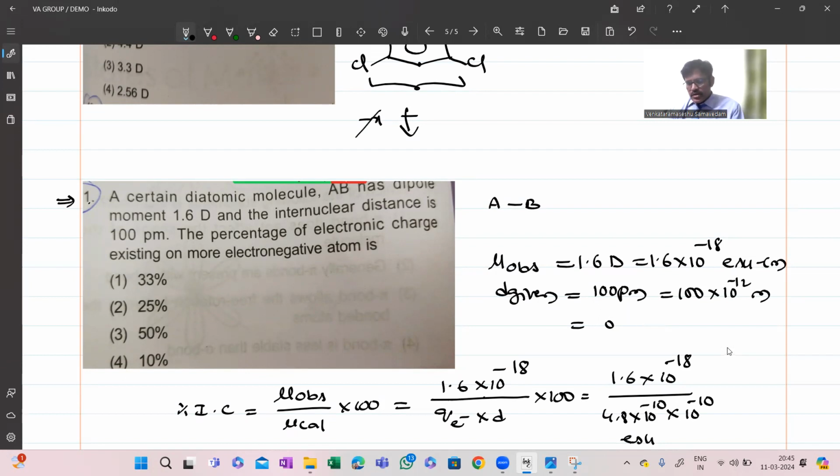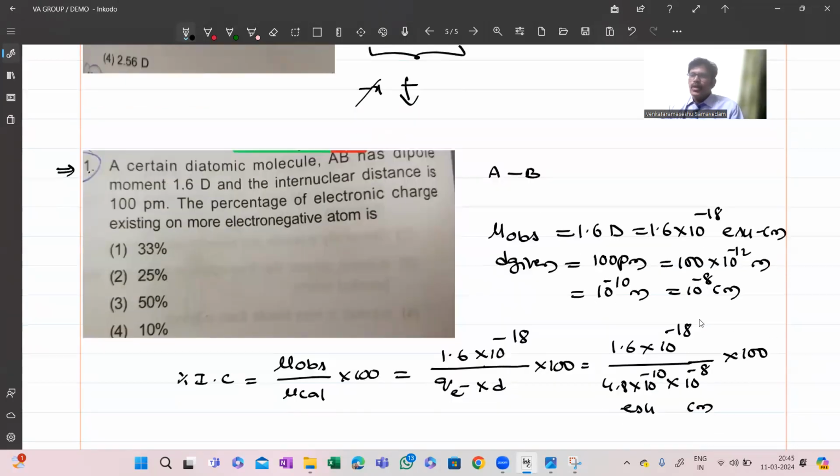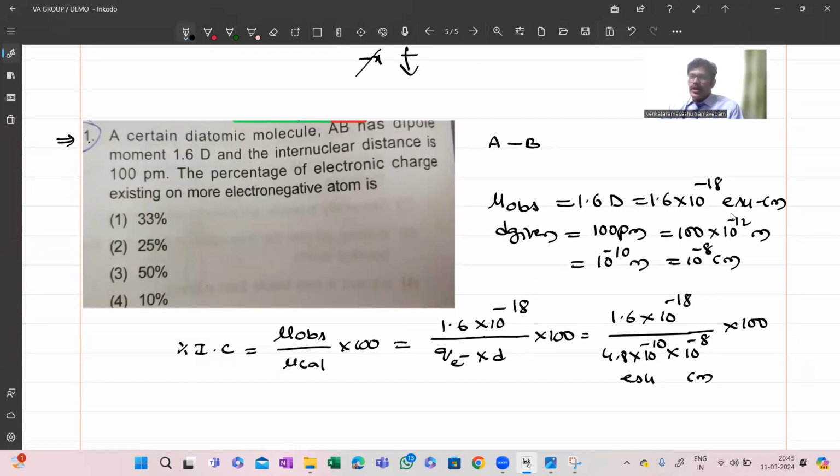Sorry, this is 100 into 10 to the power of minus 12, that is 10 to the power of minus 10 meters. I have to convert the 10 power minus 10 meters into centimeters. 1 meter is 100 centimeters, so that is 10 to the power of minus 8 centimeters. Initially what I wrote, that is correct, into 100.